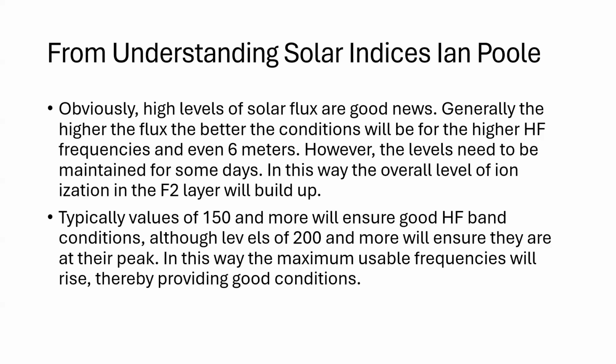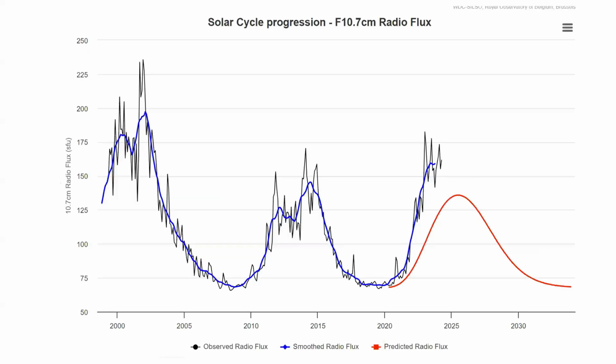Well, we have previously talked about the 11-year solar cycle, and there's solar maximum and solar minimum. And in between, I believe I have a slide that will cover that, which is the next one. And so here we are in 2024.